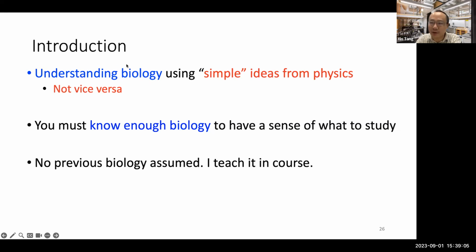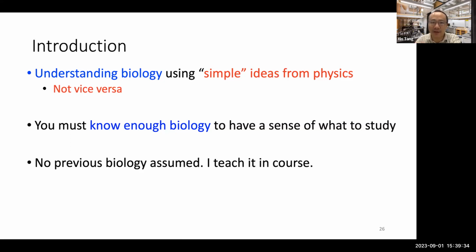I think that's very important for them and for all of us to know biology, but that's not sufficient. We also want to understand biology in a way that helps us highlight the important, key part of biology, away from the trivial part of biology.